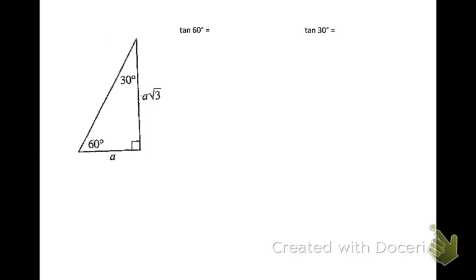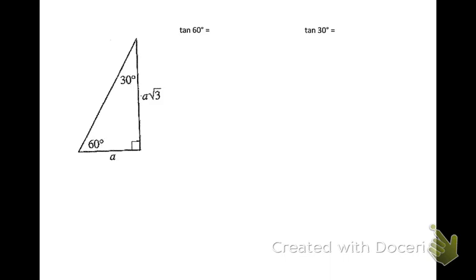All right, here we've got the tan of 60 degrees. What would my ratio in terms of the A values be as far as tan of 60 degrees? Okay, go ahead, Zachary. A radical 3 over A. Very good. It's opposite over adjacent, so it's A radical 3, which is the opposite.